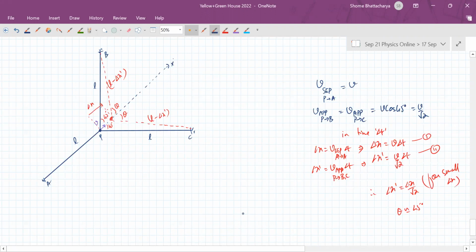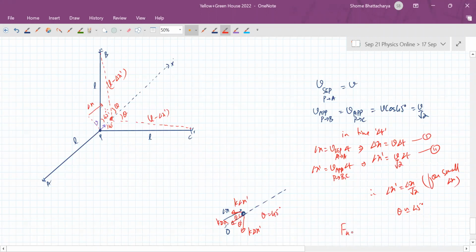So now coming back to that free body diagram, at the point where it is displaced from the origin by a small amount delta x, the spring forces acting on it will become like this: K delta x prime, K delta x prime, K delta x, at theta equal to 45 degrees.